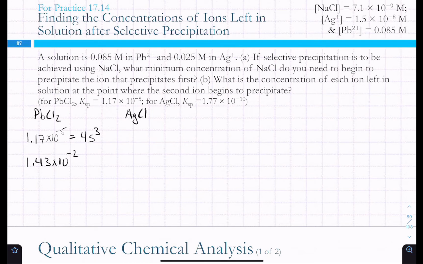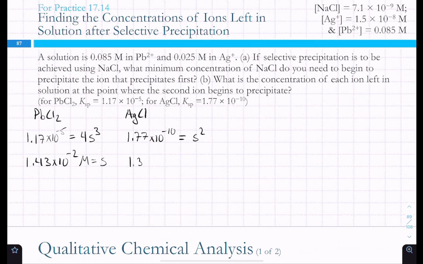And a similar thing we do with silver. But it's a little bit simpler because there's only the 2 ions, so it's just s squared. So 1.77 e to the minus 10, square root.